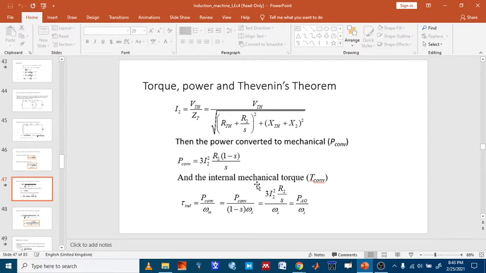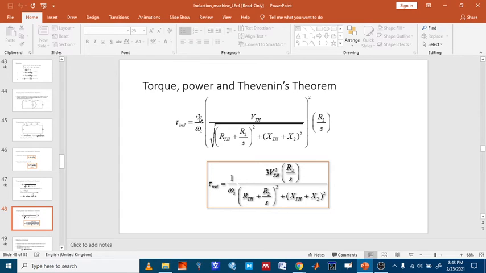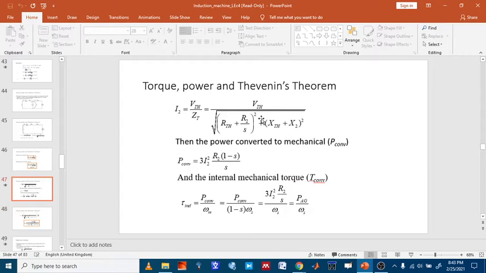The general formula for the torque induced is 3 I2 square R2 over S, over omega s. What is I2? This is I2, so you replace I2 with this. So you'll be having 3 over omega s times I2, where I2 is the same as this.